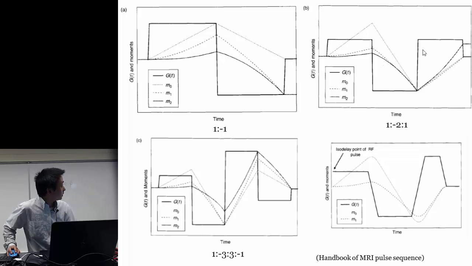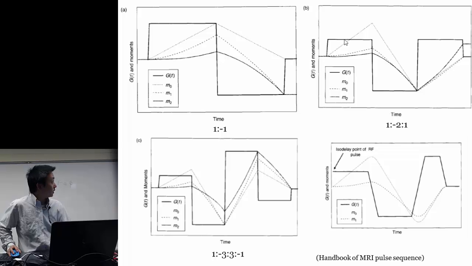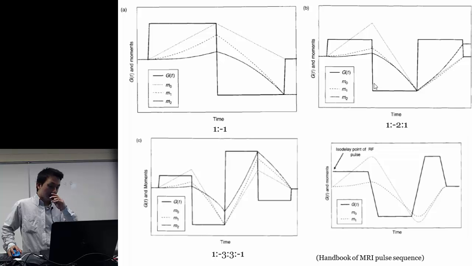But we can see that for this gradient playout, the second order gradient moment is still not 0. This playout is usually what we call the flow compensation gradients, but it does not compensate the effect of acceleration.